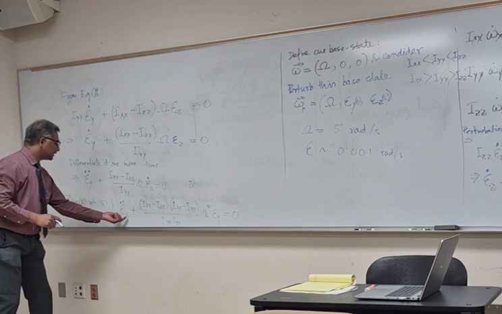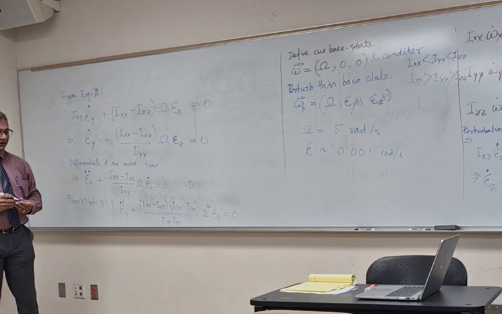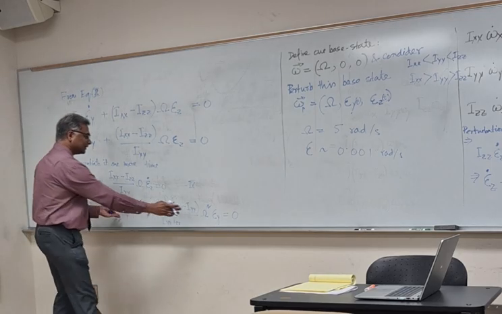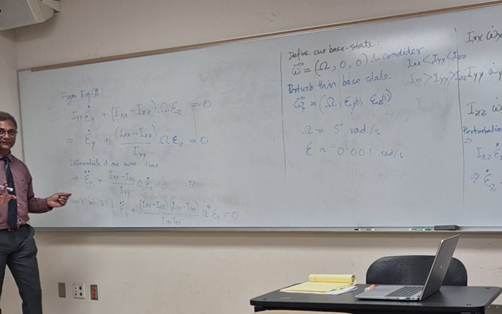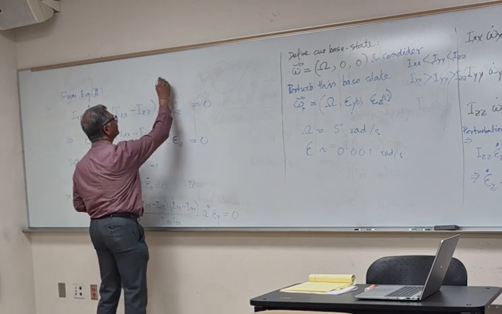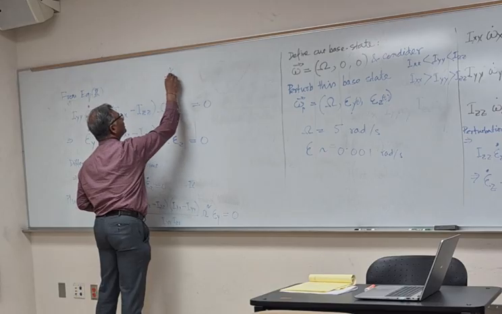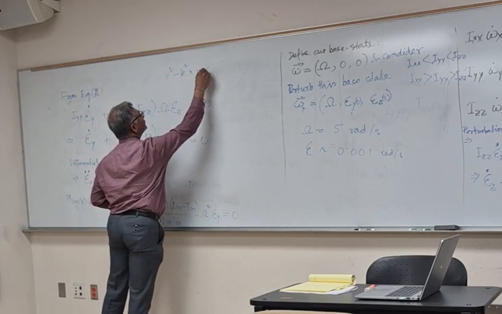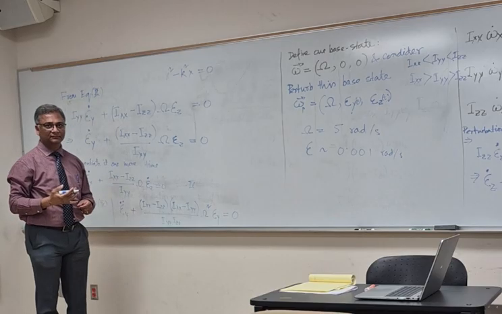So now, but the 2 times is the second derivative? It's a second derivative, yeah. So now everything is only one variable. It's a linear differential equation. What type of linear differential equation? x double dot minus k square x equal to 0, that equation, right?